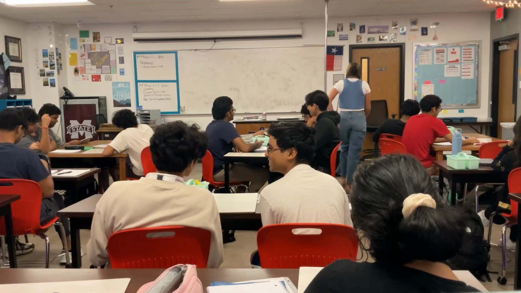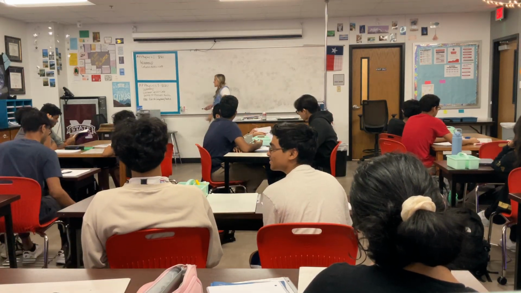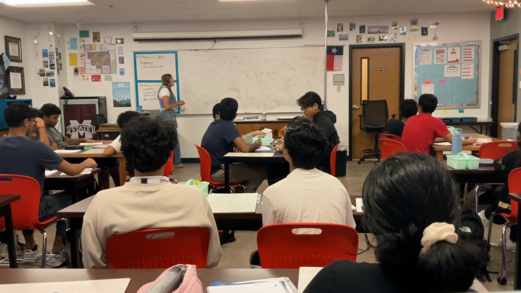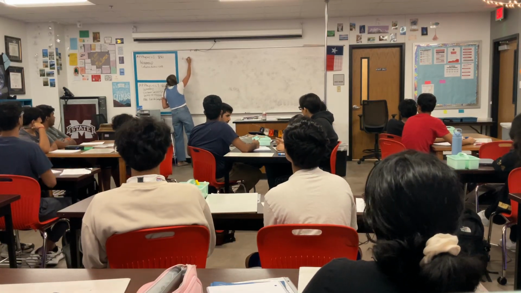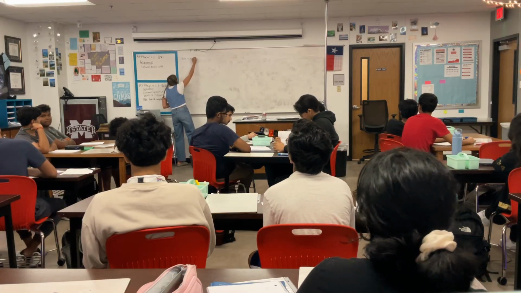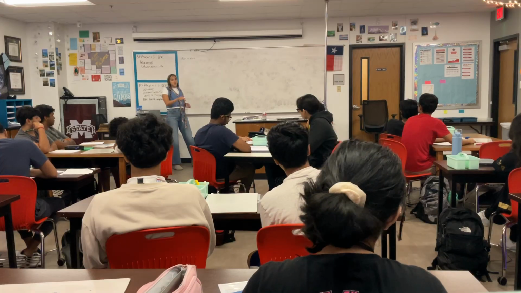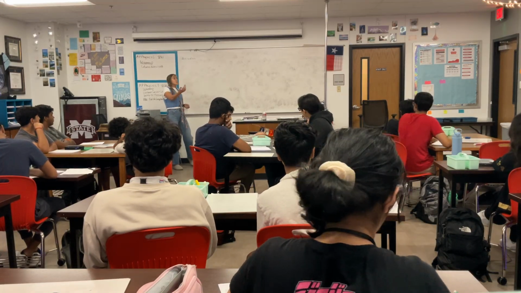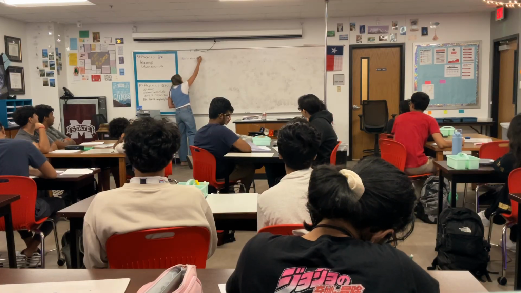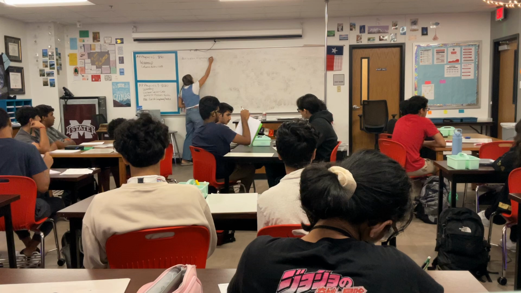All right. Off to the side, on this part of the board, I'm going to remind us what we learned last class about calculus. We learned that since a derivative is the slope of a line tangent to the curve, and the slope of a position graph is velocity, the derivative of position is velocity.